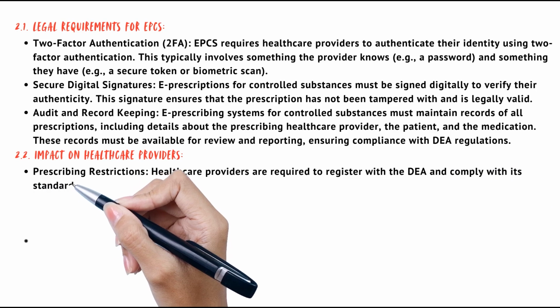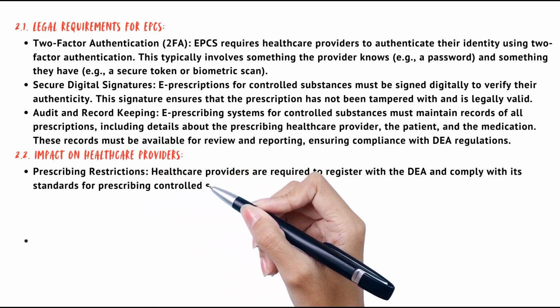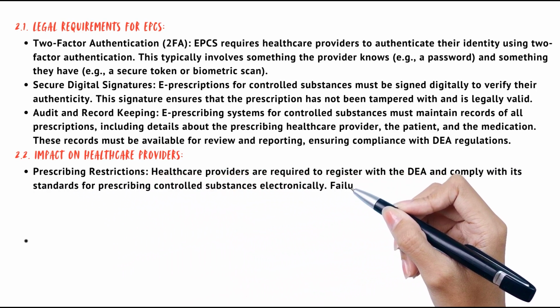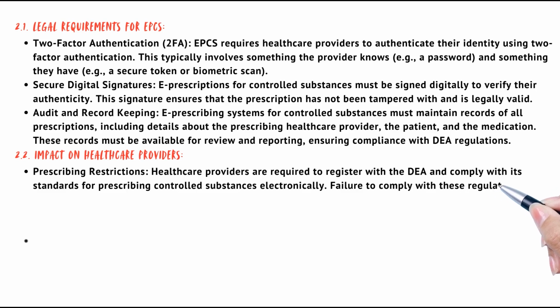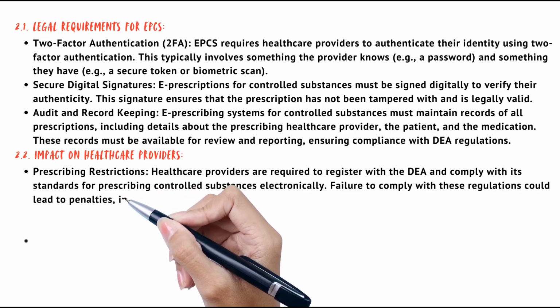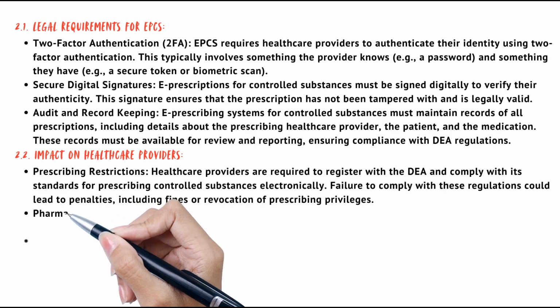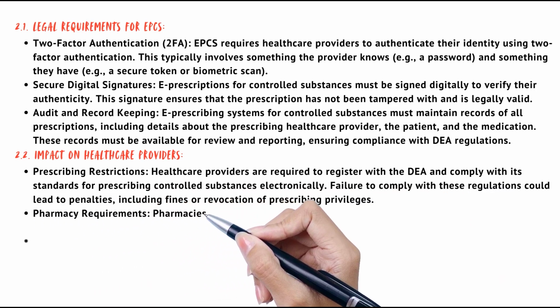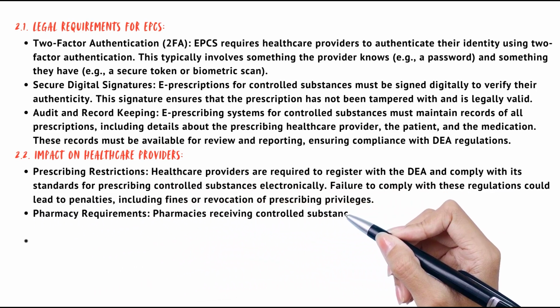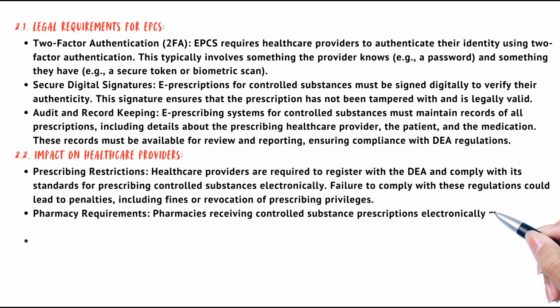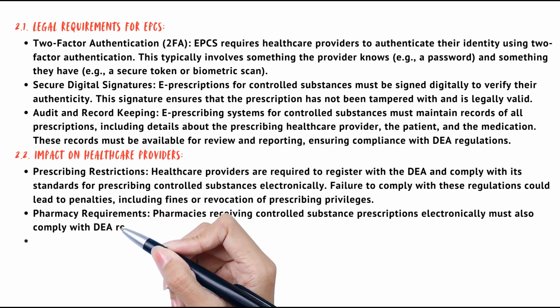Impact on healthcare providers. Prescribing restrictions. Healthcare providers are required to register with the DEA and comply with its standards for prescribing controlled substances electronically. Failure to comply with these regulations could lead to penalties, including fines or revocation of prescribing privileges.